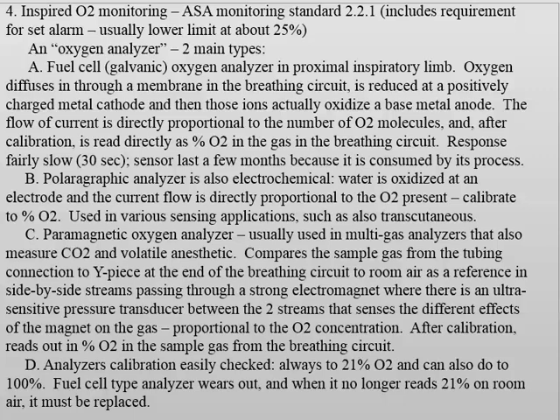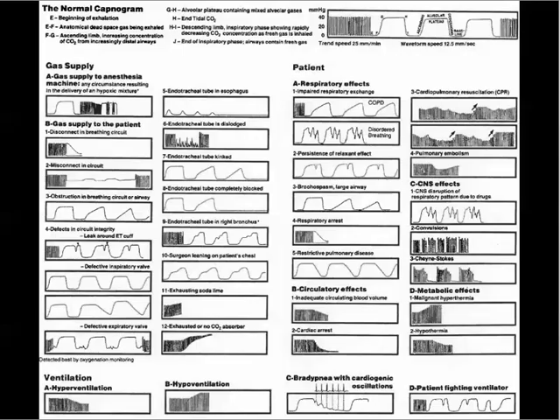Now, since we have the opportunity here, I'm going to give you a bonus. This is a summary sheet about capnography. This particular summary sheet, which we have in bigger detail in a minute, doesn't exist anymore. You can't get this anywhere anymore.